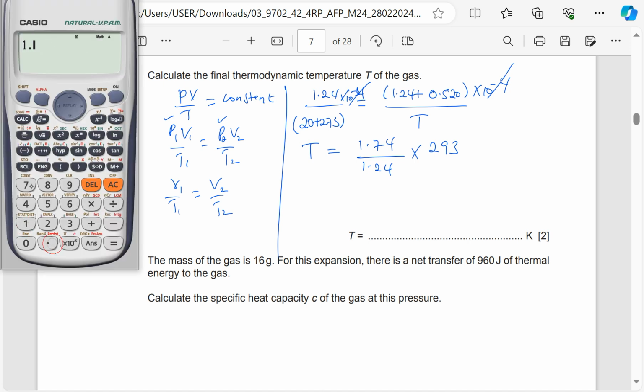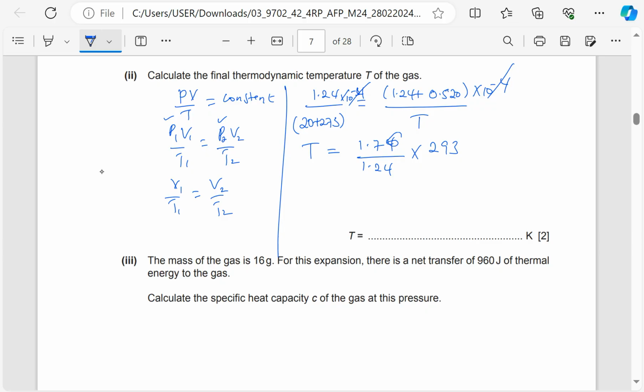So I have 1.74 divided by 1.24 times 293. Let me first add again. 1.24 plus 0.52. This is 1.76.